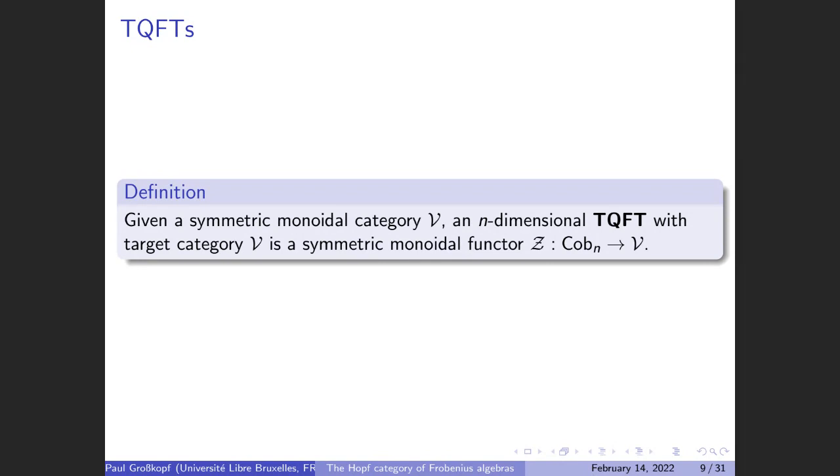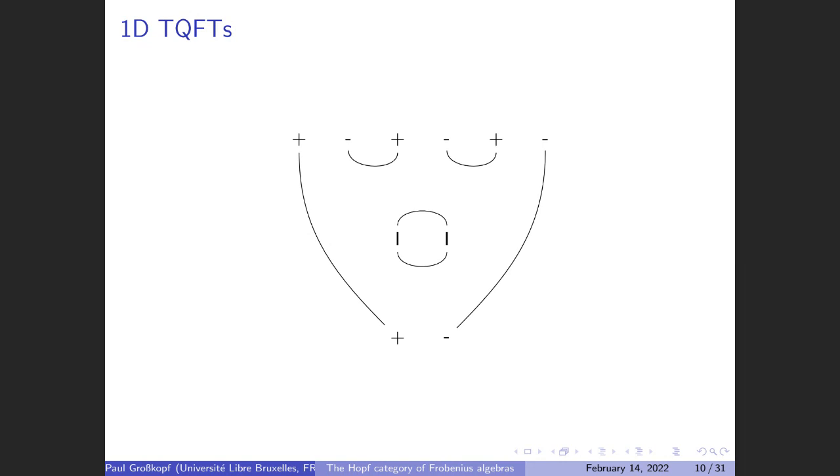So I talked a lot about that. Maybe let's get some examples. Let's start with the easiest one. If I start with one-dimensional TQFTs, my cobordism category has objects that are zero-dimensional manifolds, which are points, and I have an orientation on these points, so plus or minus. For some collection of points, I can consider one-dimensional manifolds between them, cobordisms, which in that case are lines.